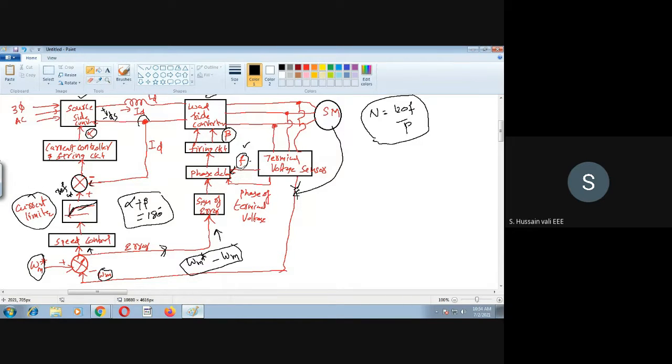There is a relationship between frequency and phase of the terminal voltage also. Then based upon that, you have a phase delay. I told you already the purpose of the phase delay: you don't want this signal to be a sudden value, but you delay it, something like this, you recall. Not the abrupt change, you just delay it.